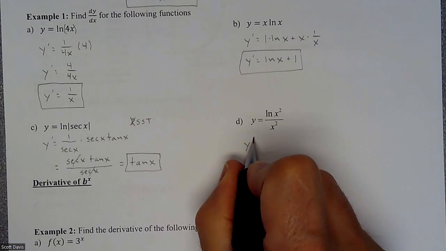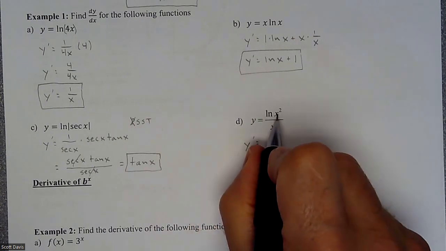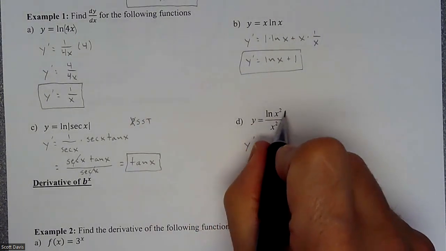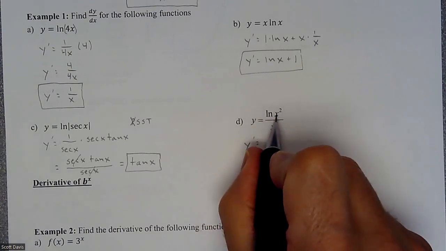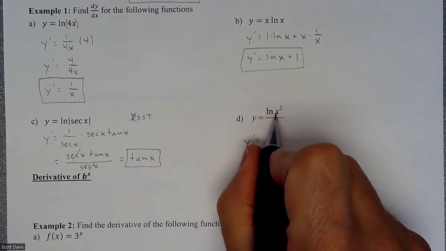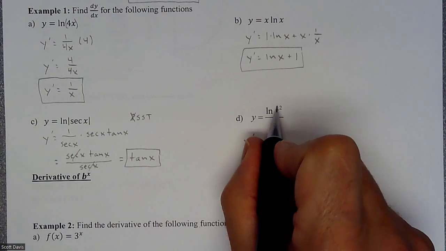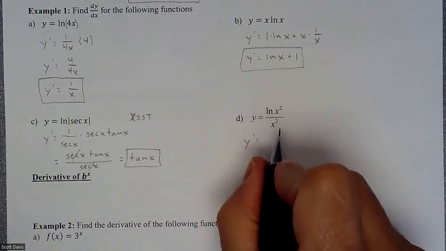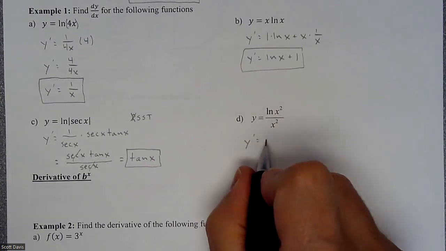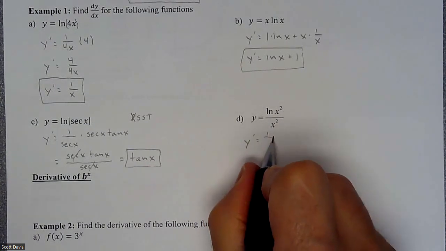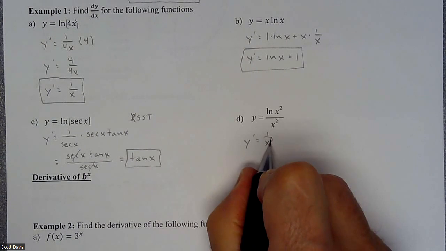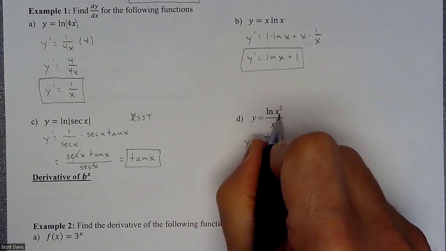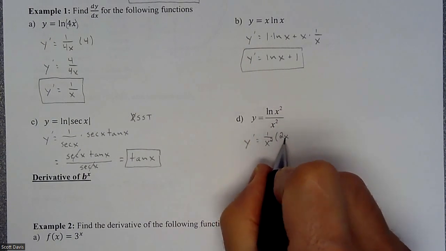So if we do the derivative, we're going to do the derivative of the top, right? We have to be careful because the natural log is a chain rule, and then we're doing the chain rule within the quotient rule. So the derivative of the top is going to be 1 over x squared times the derivative of the inside, which is 2x.